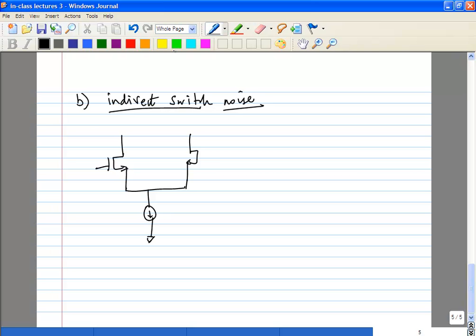Okay, let's look at the switching pair again, assuming that there is some parasitic capacitance Cp at the common source node.